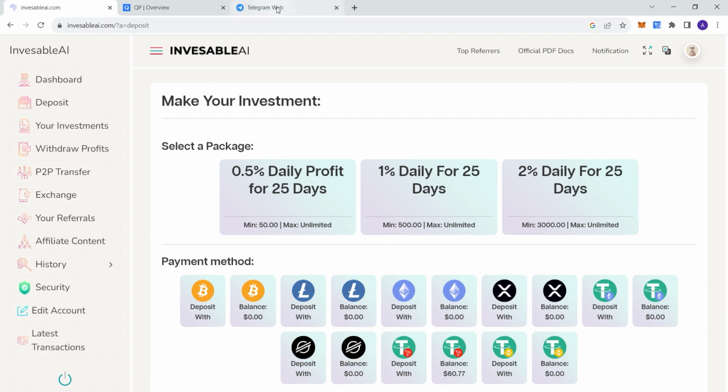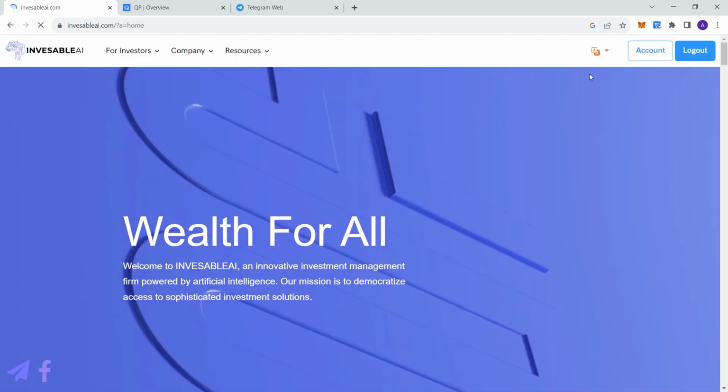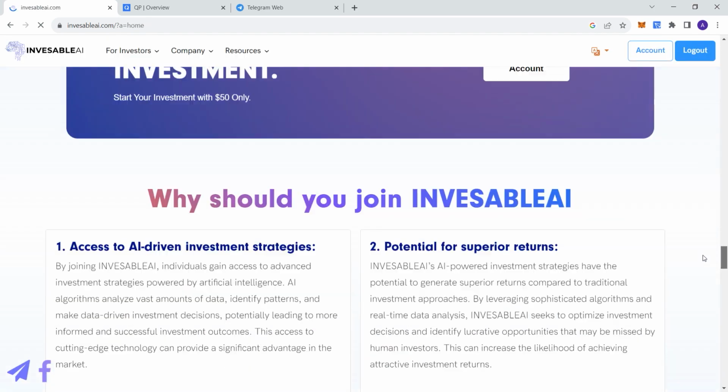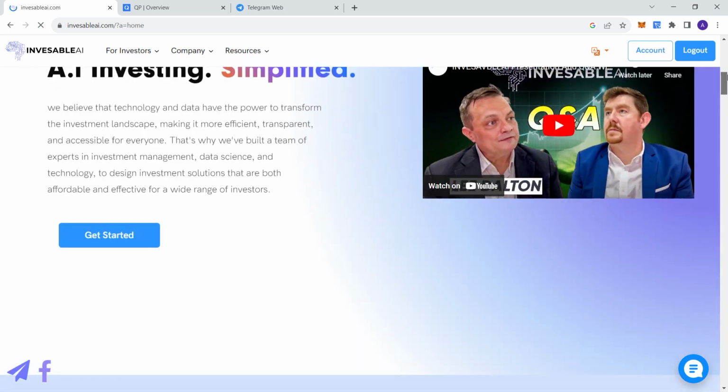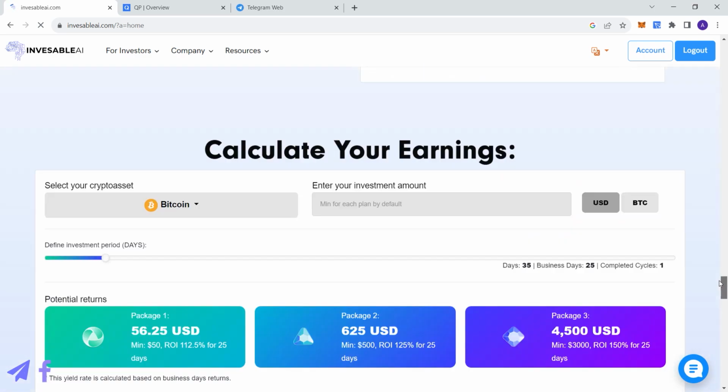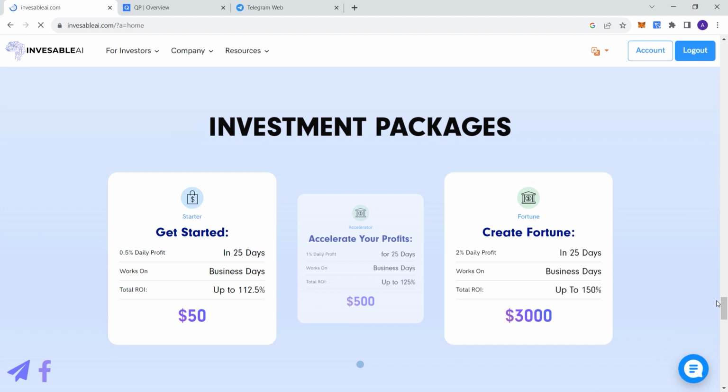Now let's take a look at the plans. Which one has a better plan? This one is definitely interesting. So let's take a look over here. Now Invisible trades Monday to Friday, so you earn Monday through Friday. You can earn anywhere from 0.5% to 2%.